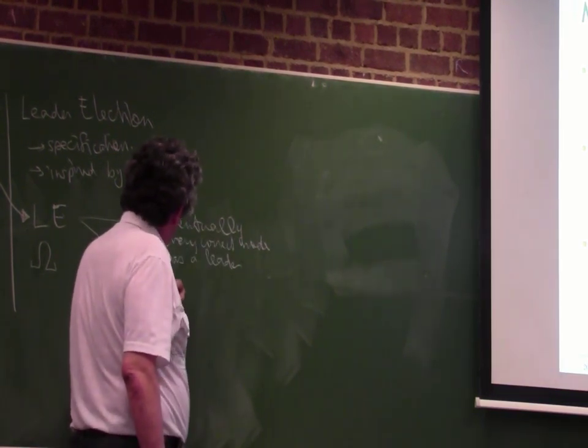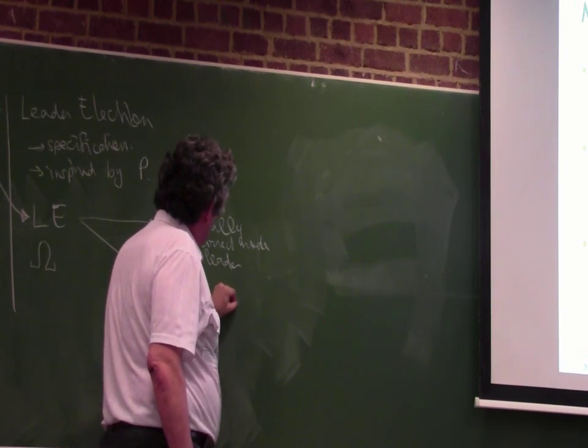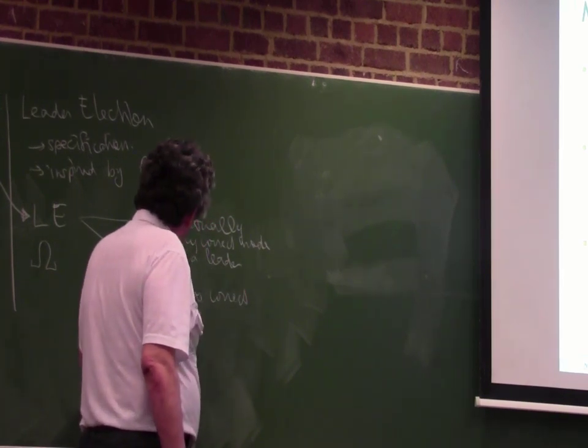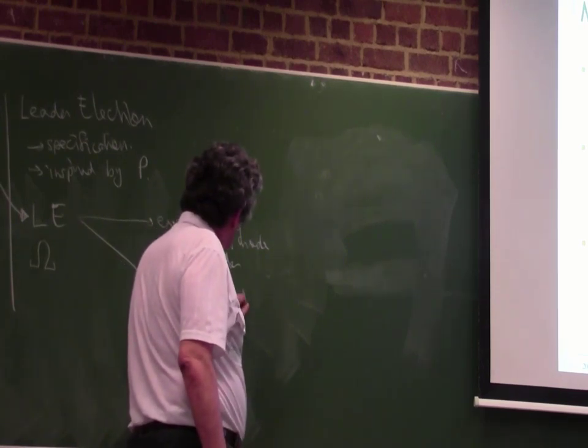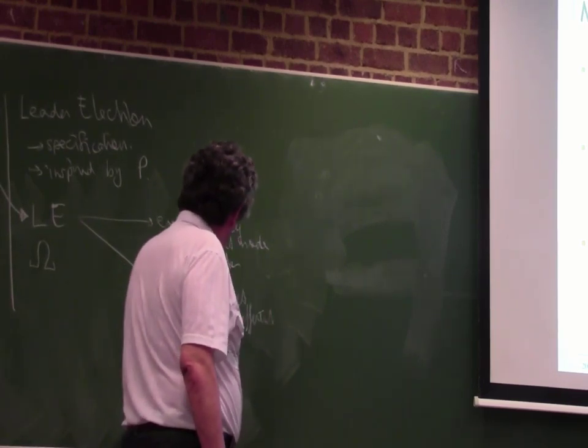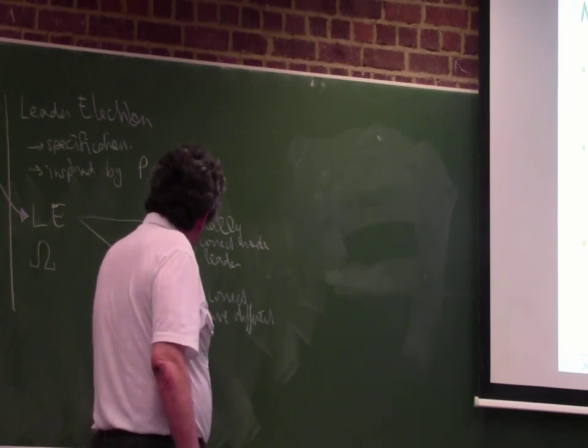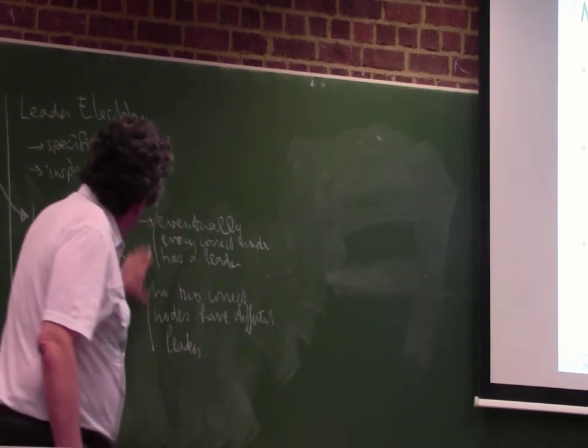No two correct nodes have different leaders. Okay, so these two properties are inspired by completeness and accuracy.